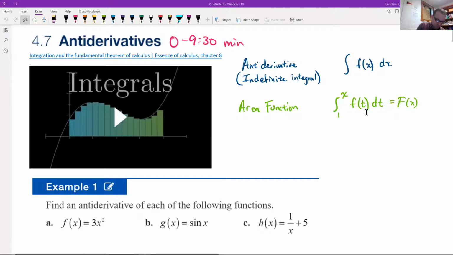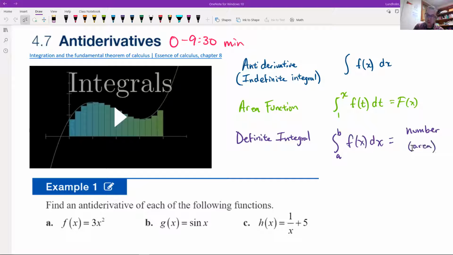And the last one, the definite integral, that's what you saw with a solid starting point and ending point. And you've got some function on the inside. But this is one where you get a number as a result, which would describe the area between the function and the x-axis.